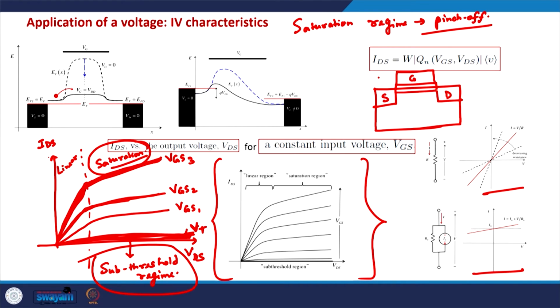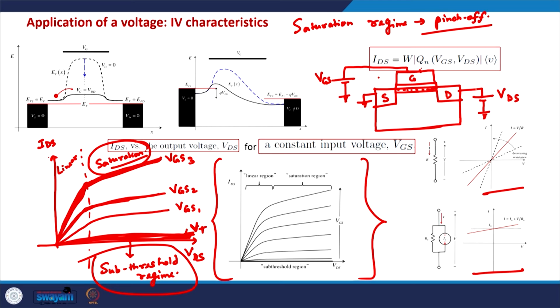There is a small channel because of the VGS voltage. Let's say that S is grounded. So this is VGS, and there is some voltage on the drain side as well, which is VDS. So we have a constant VGS on the gate terminal.